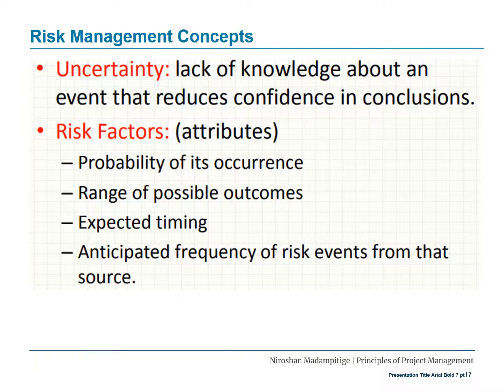Uncertainty. In risk management terms, uncertainty means lack of knowledge about an event that reduces confidence in conclusions. Risk factors, which are also known as attributes. Some of the risk factors are probability of its occurrence, also range of possible outcomes, expected timing, anticipated frequency of risk events from that source.